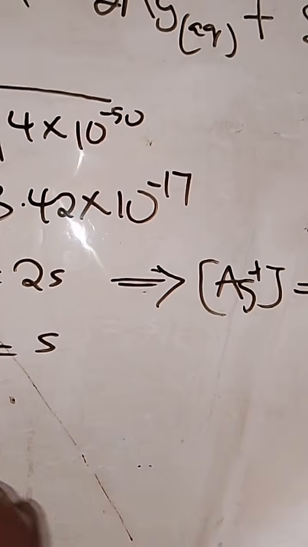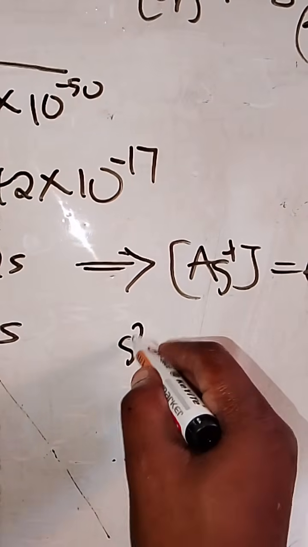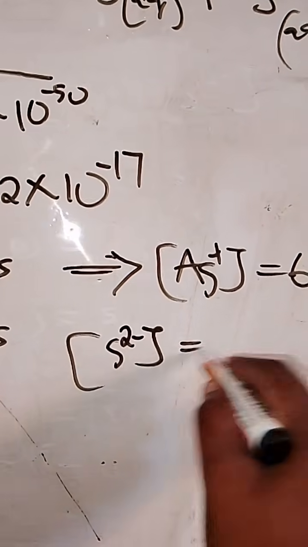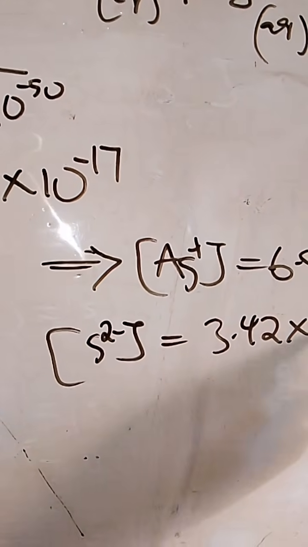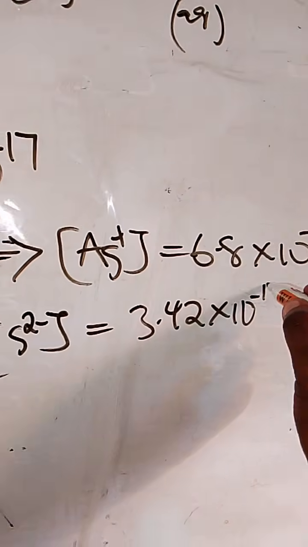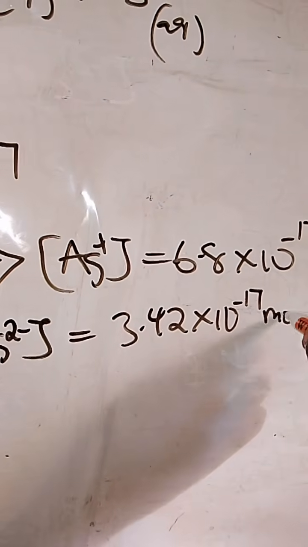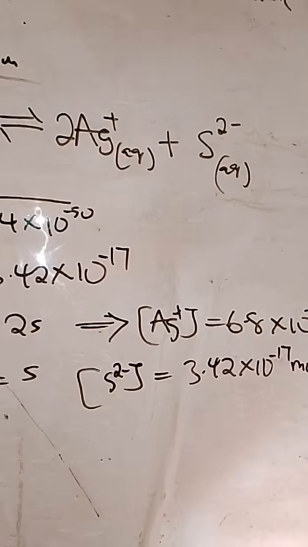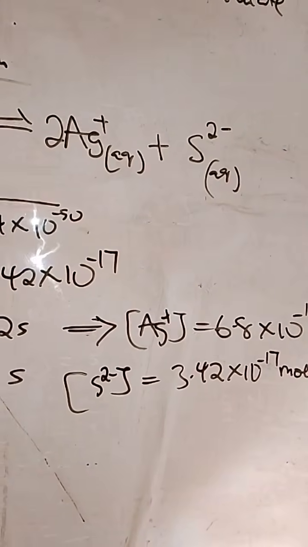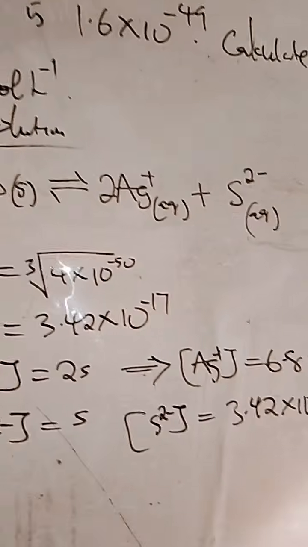Then for S, it's the same. The concentration of sulfide is equal to 3.42 times 10 to the power negative 17 mol per liter. Okay, so that is how we can solve such a problem.